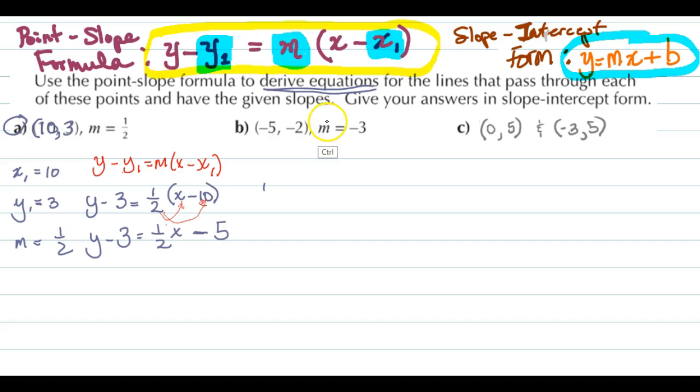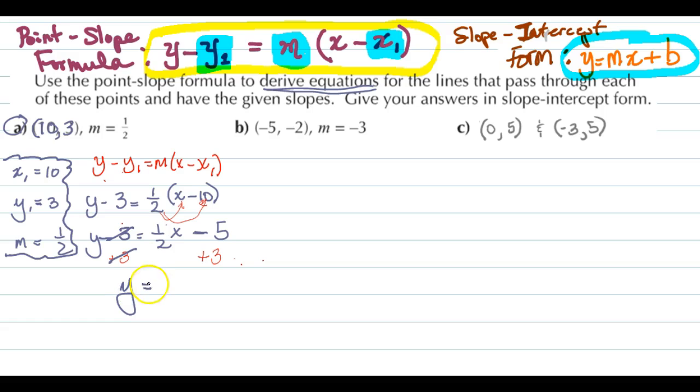Now our next move is to finally isolate the y. Okay, so we're going to add 3. Since 3 is subtracted on the left side there, it's -3. We're going to add 3, the inverse operation. Now here's why, because -3 plus 3 is 0.